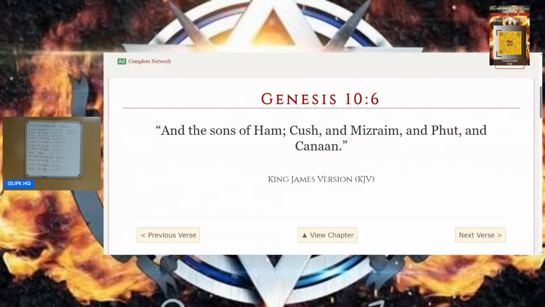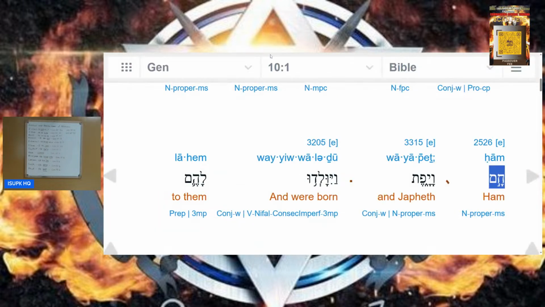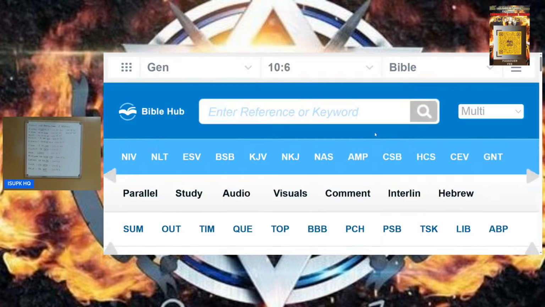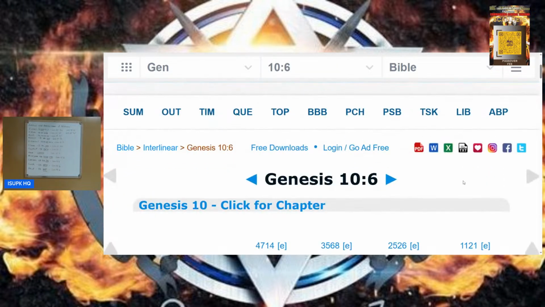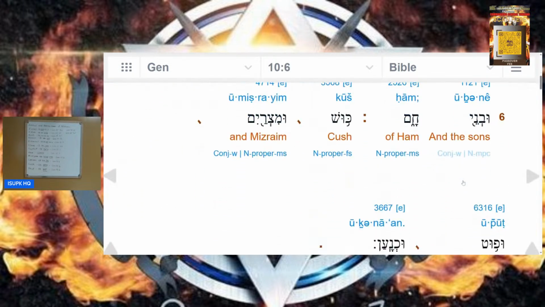So here we have Mizraim, Canaan, Cush, and Phut, all in the same line. So now let's go to our interlinear and see how it is in Hebrew. So here we have Ham. You have a ka and a ma.